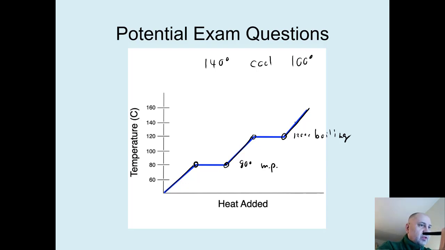So you start here and you go to 100, which means you will go through 3 different calculations. So you're going to have to calculate the energy released in this section here, which is cooling the steam from 140 to 120. That's step 1.